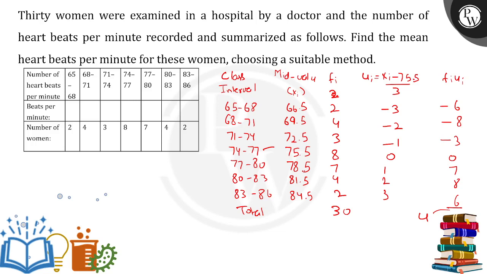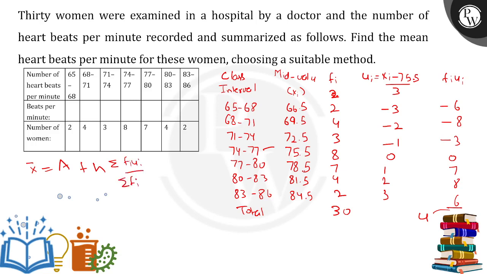Going by this, now we can find the mean. The formula is a plus h into summation fi ui divided by summation fi.